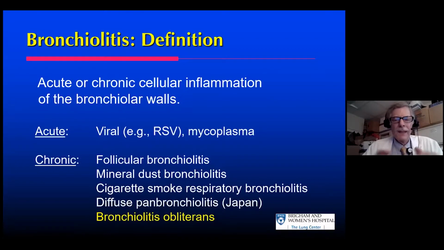And in Japan, they see what seems to be an infectious diffuse panbronchiolitis treated with macrolide antibiotic. But we're going to talk about bronchiolitis obliterans, again, chronic and doesn't fall into any of these categories.